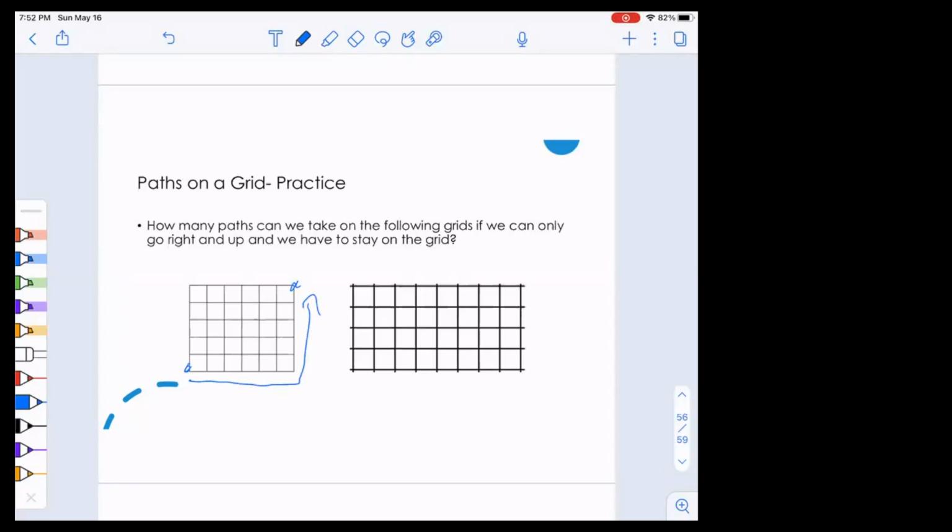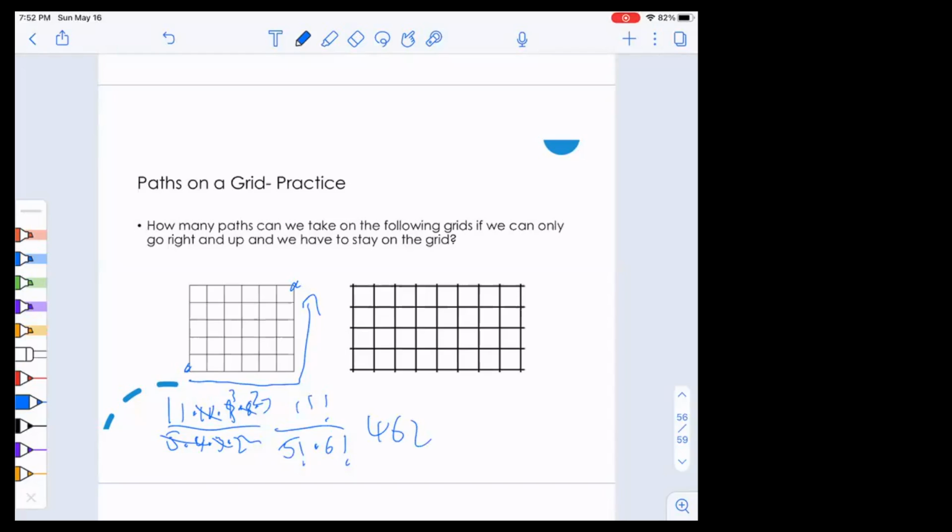So we're just doing 11 factorial over 5 factorial times 6 factorial, which is 11 times 10 times 9 times 8 times 7 over 5 times 4 times 3 times 2. We'll cancel these out, and what we get is 462.